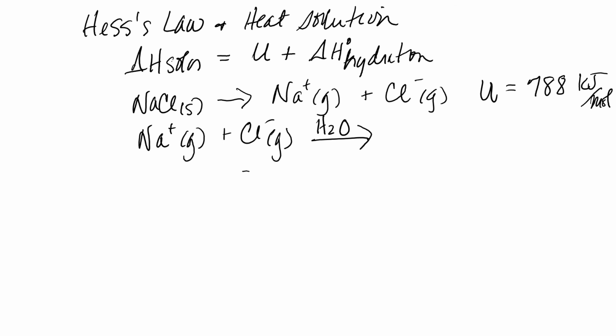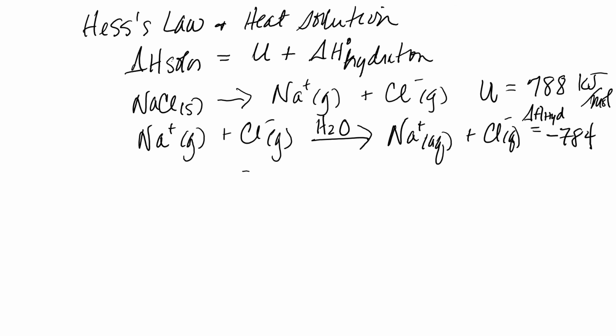And that means they're surrounded by water, essentially. And so we have an aqueous state now. I don't know that I left much room. And this is the delta H of hydration, which was negative 784.